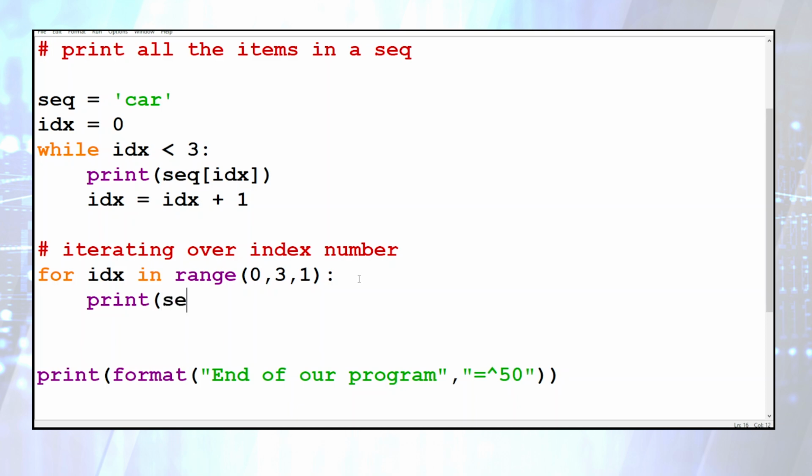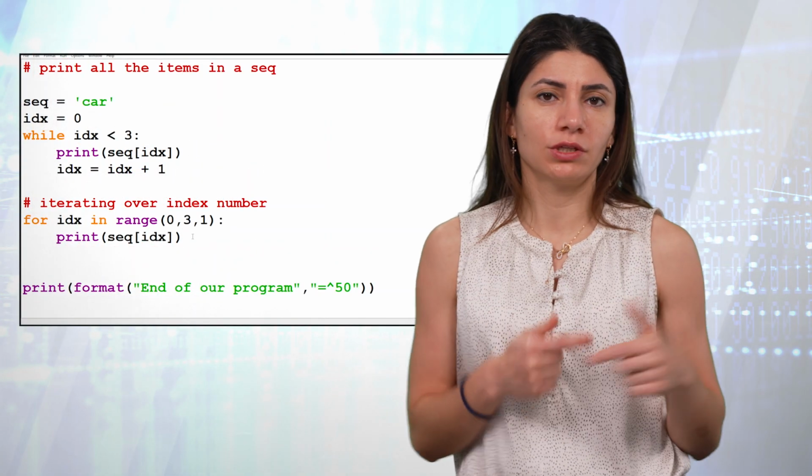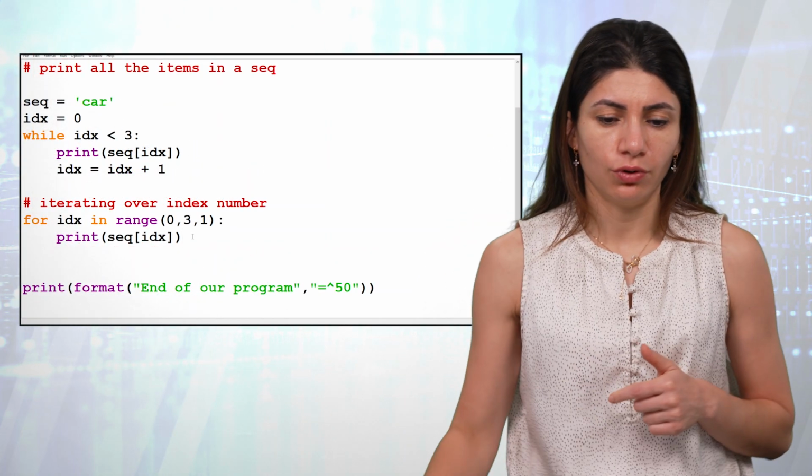And then print sequence index number. All right, and we have that. I have seen this a lot, that the students put this inside their for loop. Don't do that. You're already doing it here. If you put that inside your for loop, you're messing up the whole iteration inside your for loop.